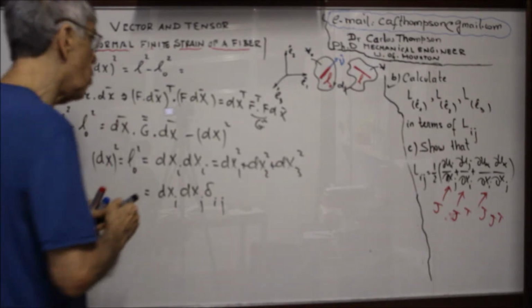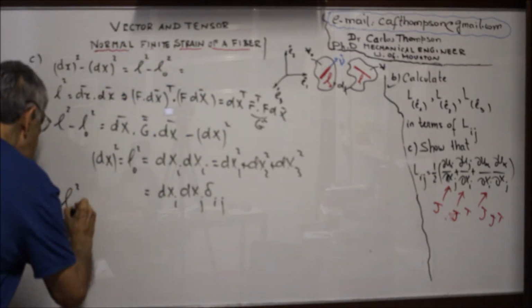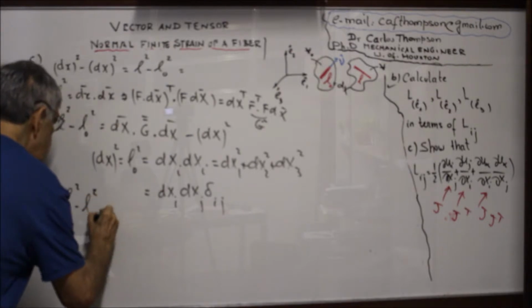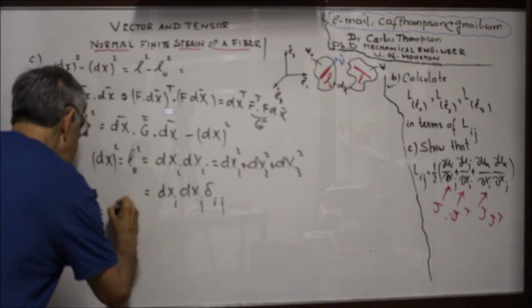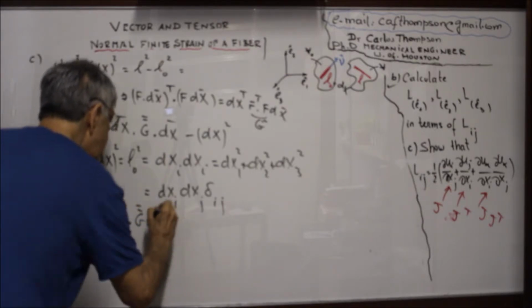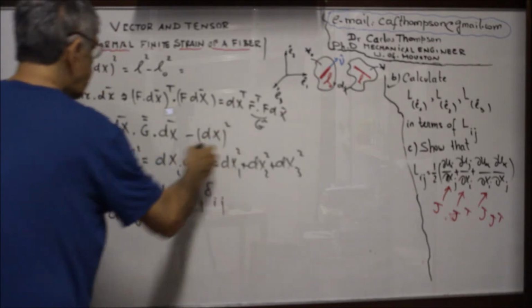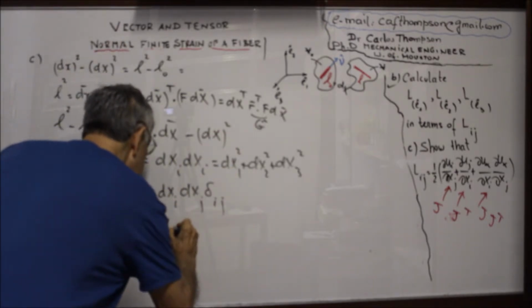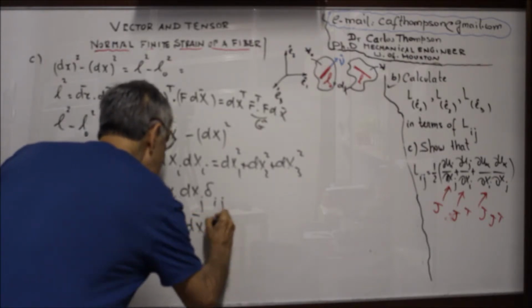Then we can write over here that L square minus L0 square will be dX dot G dot dX minus dx square. So I can write over here dx dot dx.